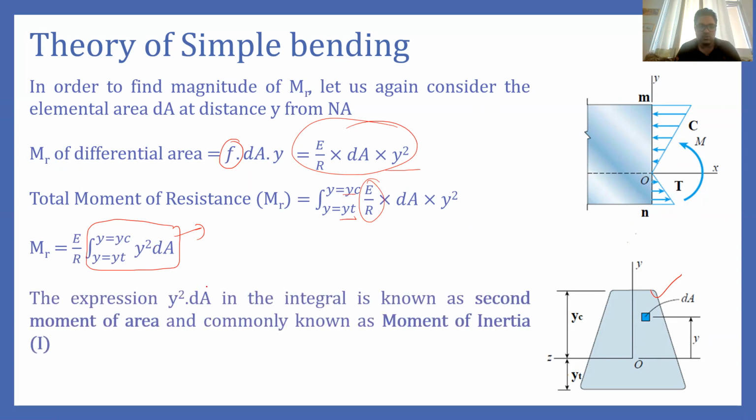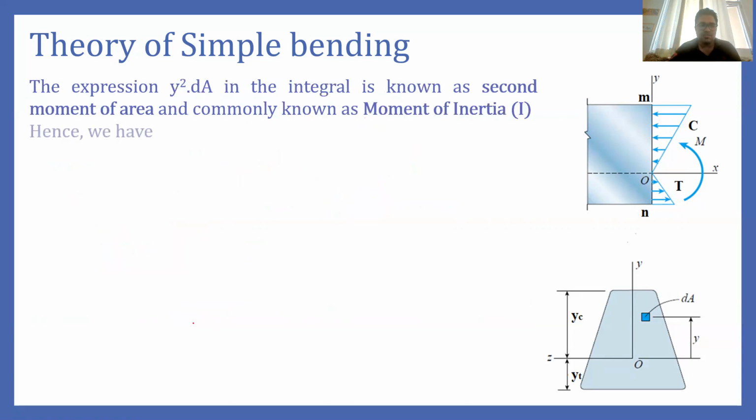In the course of structural mechanics lecture 10, I explained the integral form of the moment of inertia. So the whole integral can be converted to I, and ultimately MR becomes E by R into I. Moment of resistance is equal to E by R into I.